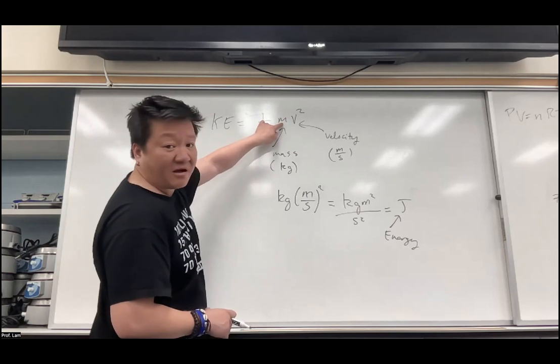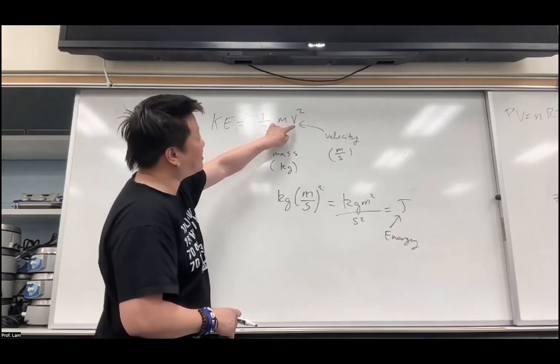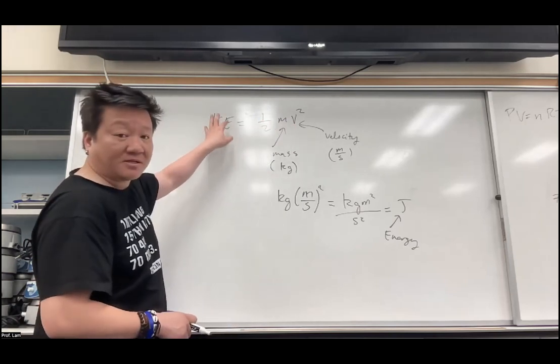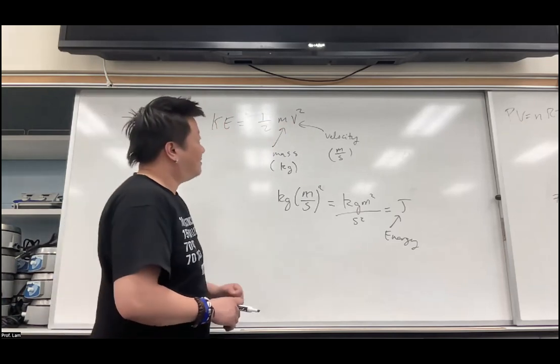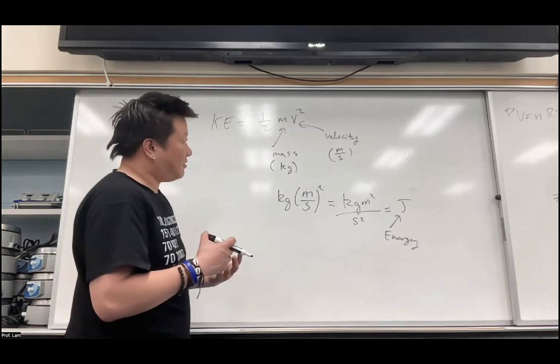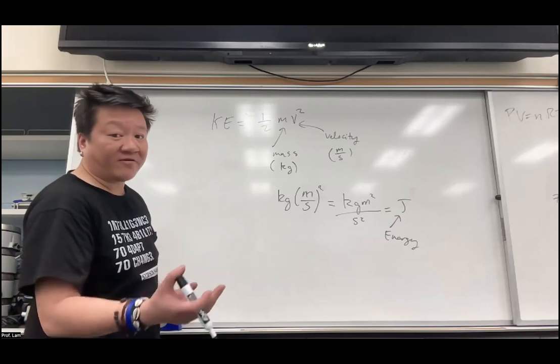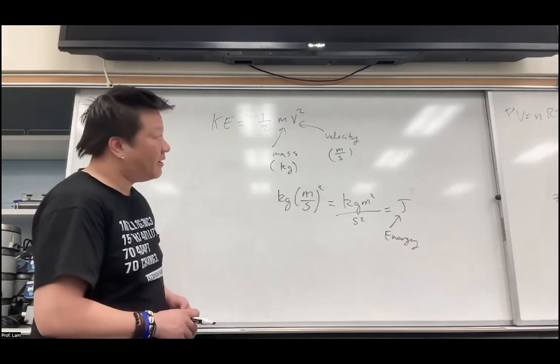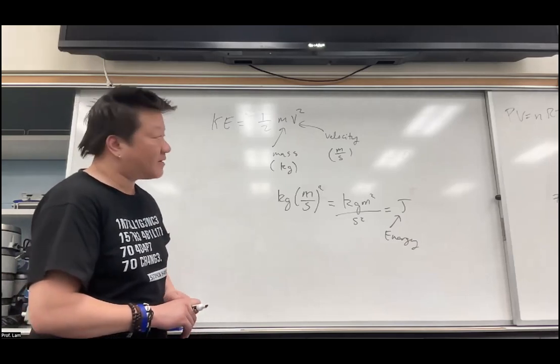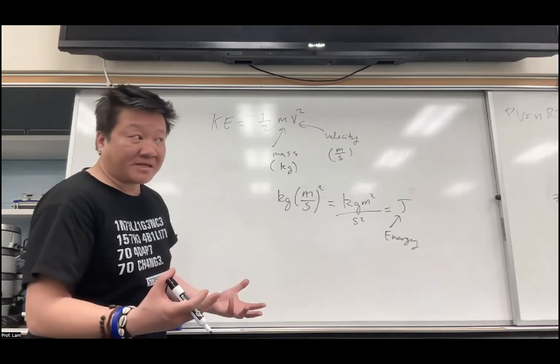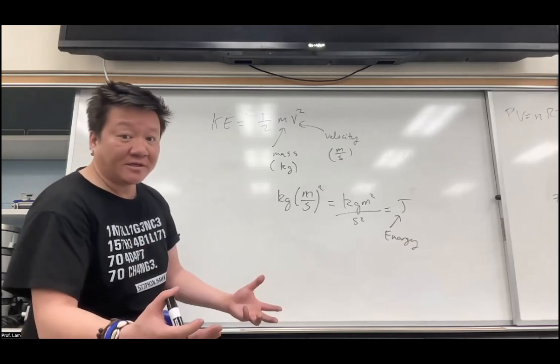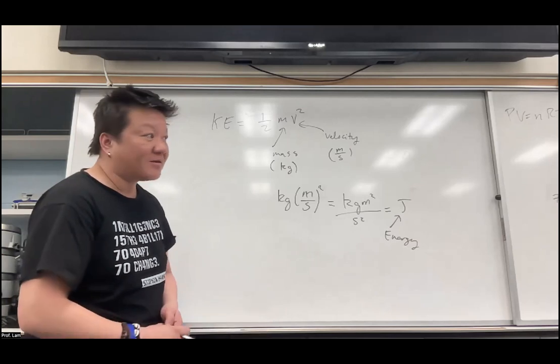If mass goes down, then velocity has to go up to keep this constant. So as you go down in mass, you have a faster traveling particle. And that's quite intuitive. Something that's lighter is going to travel faster than something that's heavier.